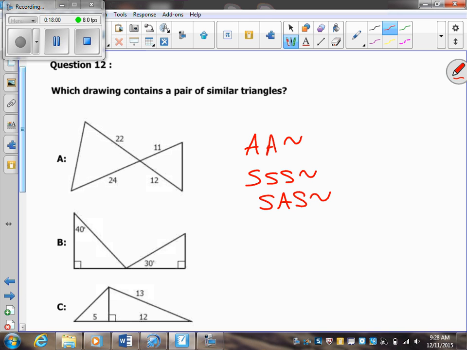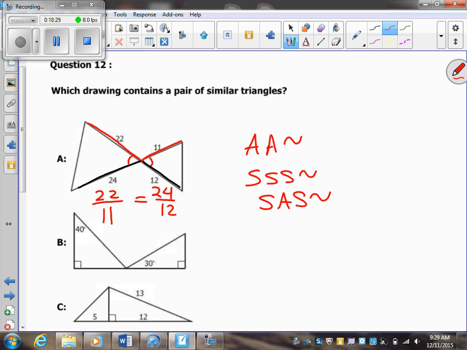Looking at the first one, if this is similar, it would be side-angle-side because I know the vertical angles are congruent. So I need to check if the sides are proportional. I will do the smallest side from here, the smallest side over there, 11. Is it the same as the next one, 24 with 12?